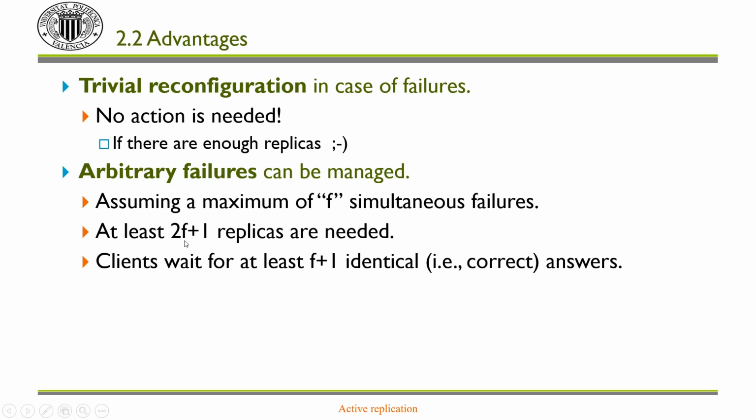In that case, those replicas adopting the identity of others send their replies with that other identity, and the client will receive two answers with the same sender. In that case, the client should discard both answers. Because of this, we wait for at least f plus 1 identical answers, and we should have more than 3f replicas.